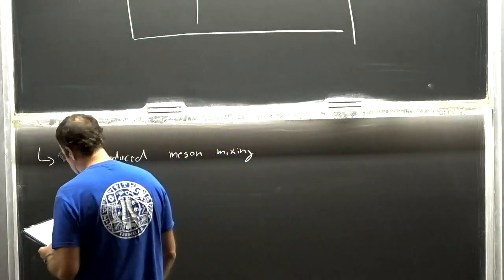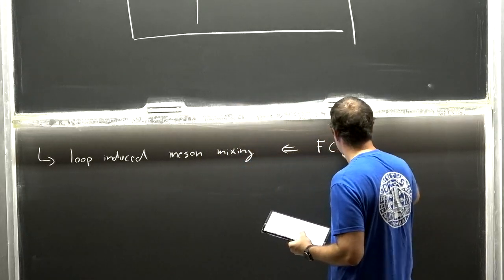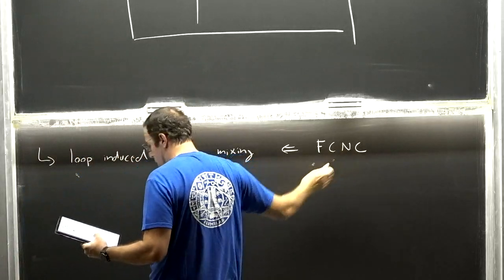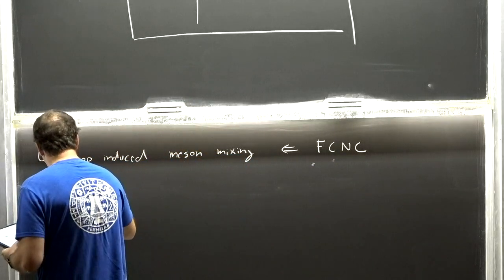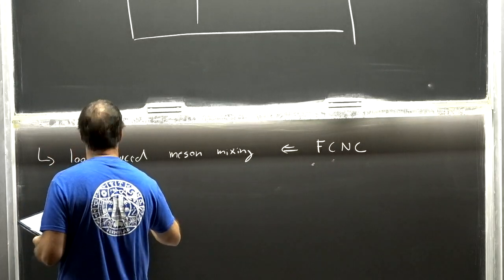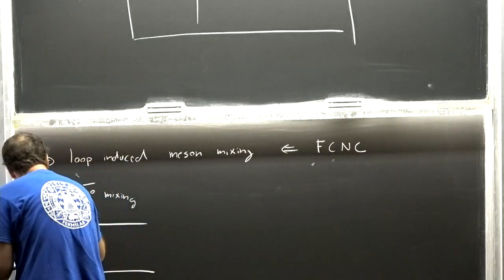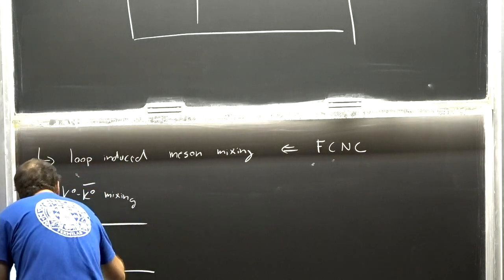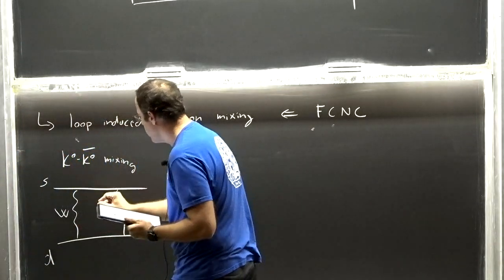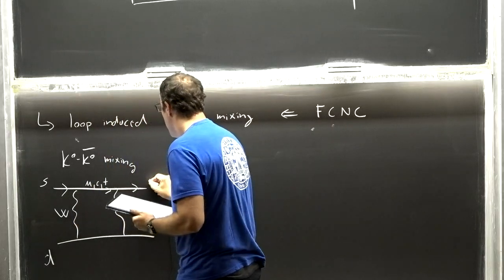So the initial and final states are going to be mesons, and these are flavor changing neutral currents, which are forbidden at tree level. For instance, K bar mixing is a box diagram like this with a W. It takes an S quark and converts it to U, C, T, and then to a D.